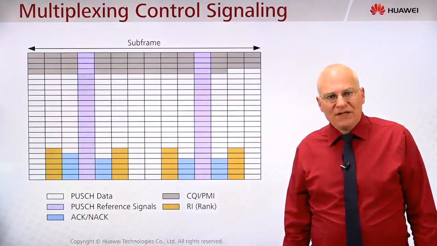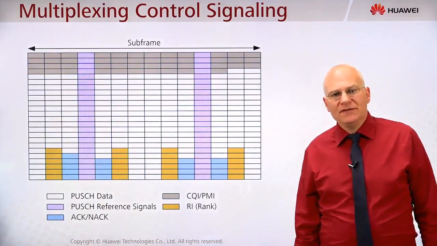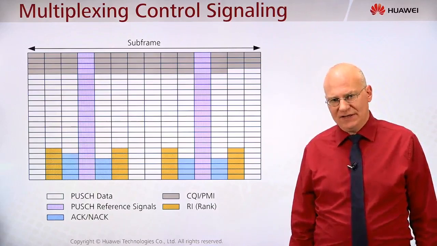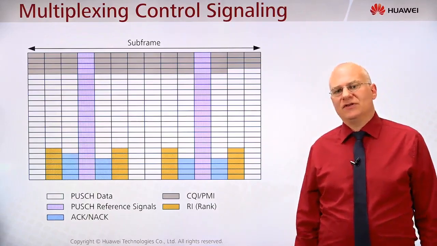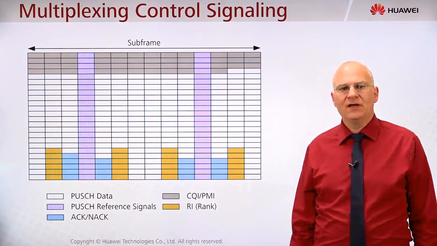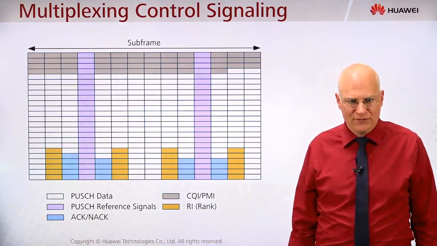The uplink shared channel transmits control plane data as well as user plane data. And it transmits also layer 2 data, uplink data. This is the uplink control information.